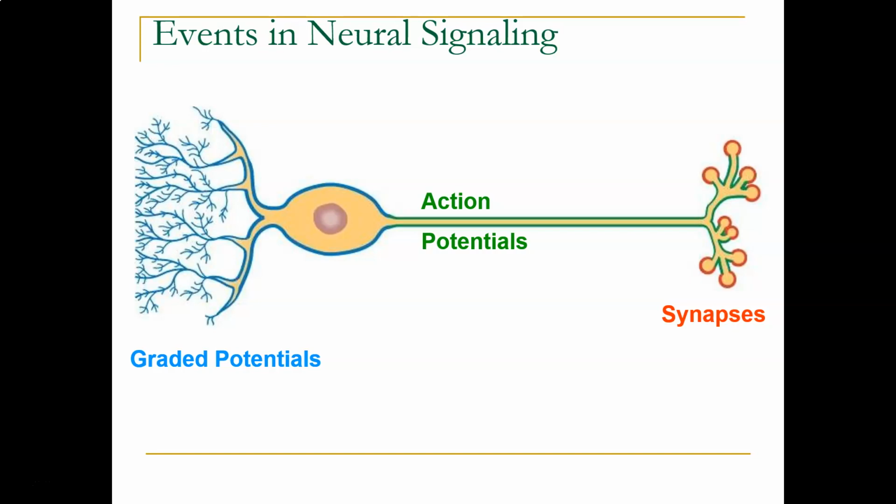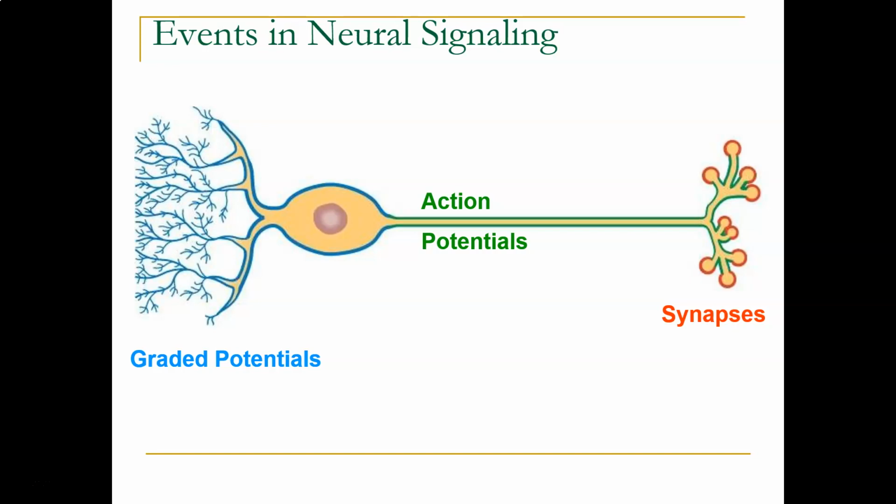They're also due to ion gates. Typically, the ion gates involved are here at the end of the axons. I mean, there's variation, but that's typically where you find them. They are not located all along the dendrites and across the cell body. But they are at the ends of the dendrites. And so graded potentials are also due to ion gates opening.